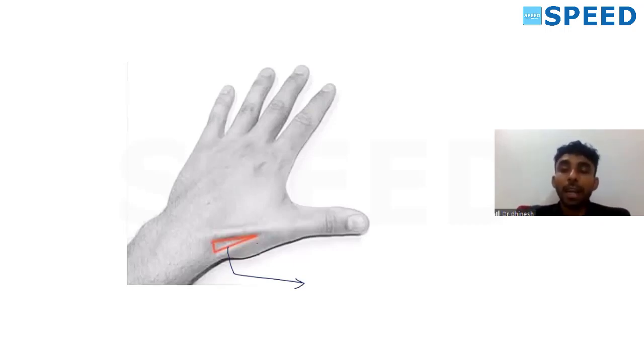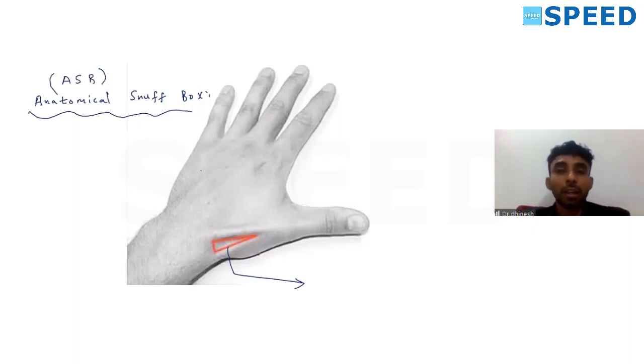What is that landmark called? Exactly, it is called the anatomical snuff box. The triangular shaped depression you are seeing in this image is called the anatomical snuff box.